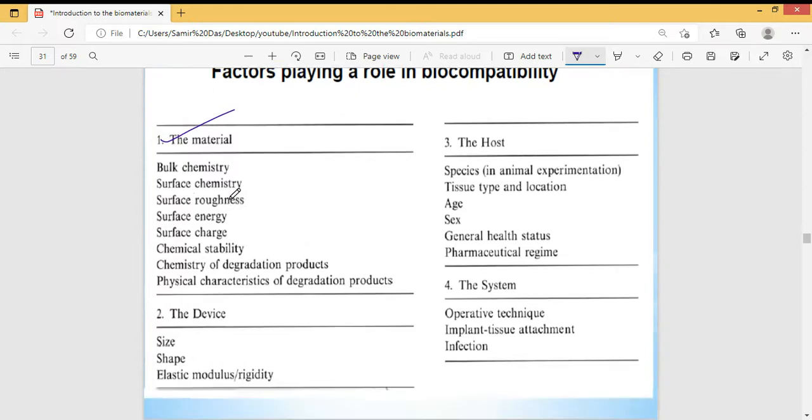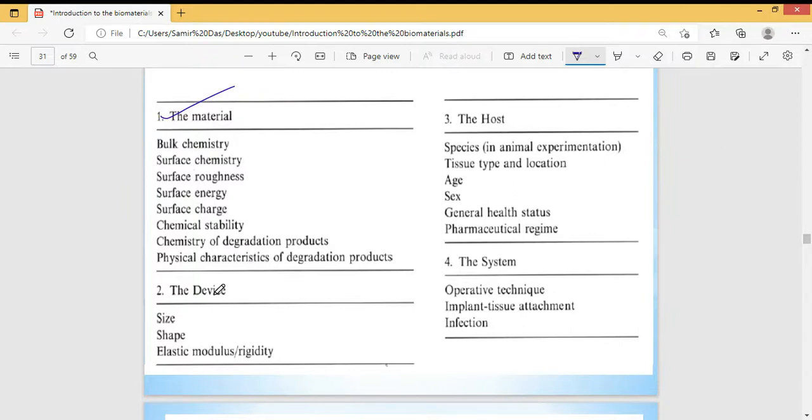And next is the device we manufacture, or the implant we create. So the elastic modulus or rigidity is very important, and next is size and shape.